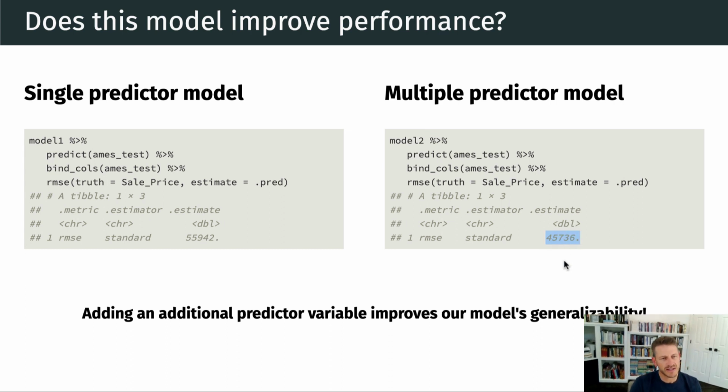So what this means is that by adding an additional predictor variable, we were able to reduce the RMSE on unseen data, when we make predictions on unseen data, by close to $10,000. This means the average prediction error of our model has decreased by roughly 10,000, which is a great thing.